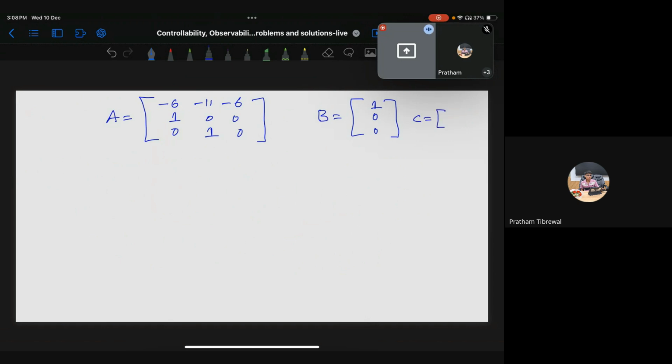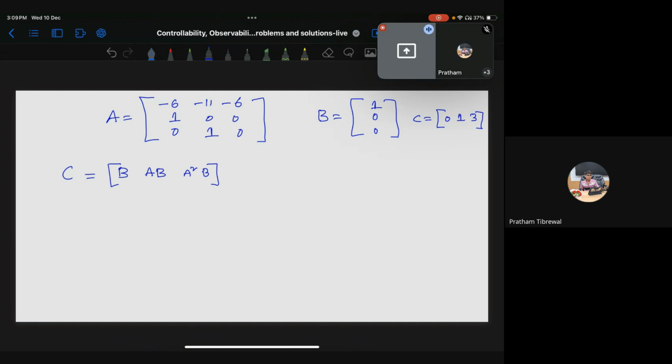Next, the C matrix is 0 1 3. Now we will write down the controllability matrix as C, which is B, AB, A square B.